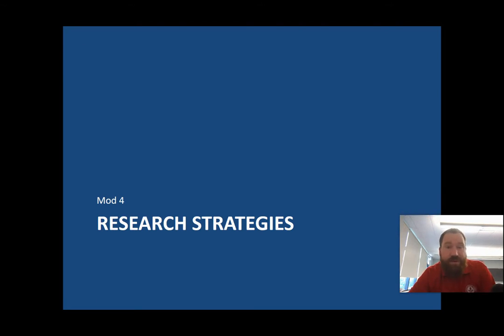That's kind of a bit of a teaser. This video is going to be exclusively on the descriptive methods that we use to do research. And we'll talk more in detail about the other two, the correlational research and experimentation, in future videos. But in this video, we're just going to do the descriptive studies.